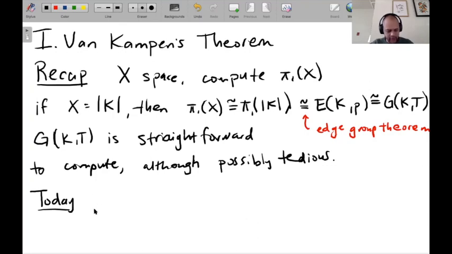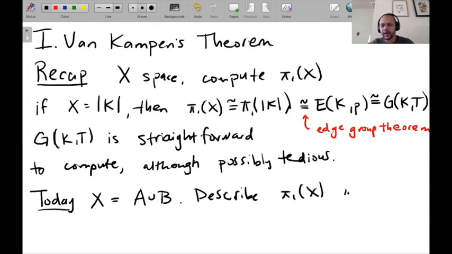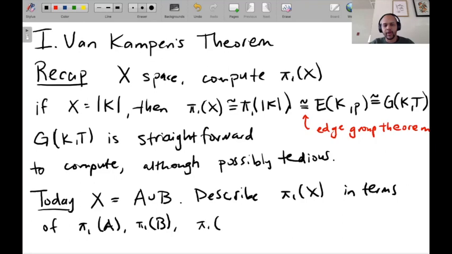What it does is, if you have a space X, which is described as a union of two subspaces, A and B, then I'll explain how we can describe the fundamental group of X in terms of the fundamental group of A, the fundamental group of B, and the fundamental group of the intersection, with some mild assumptions.